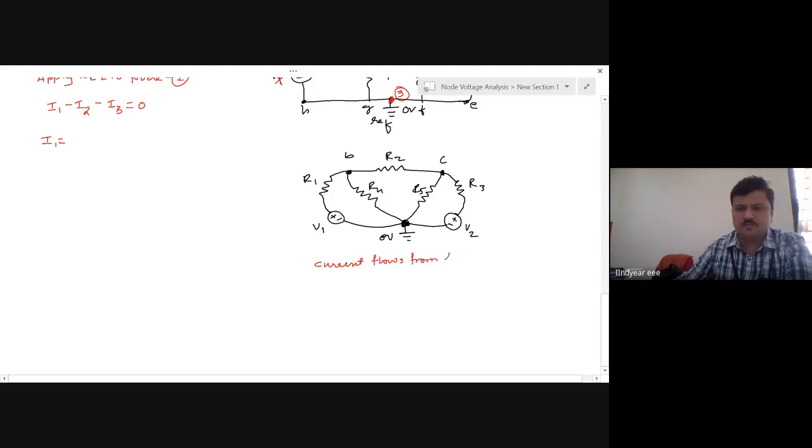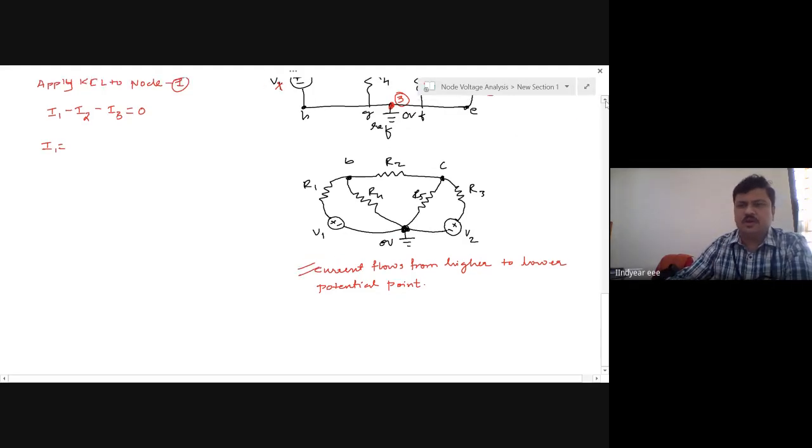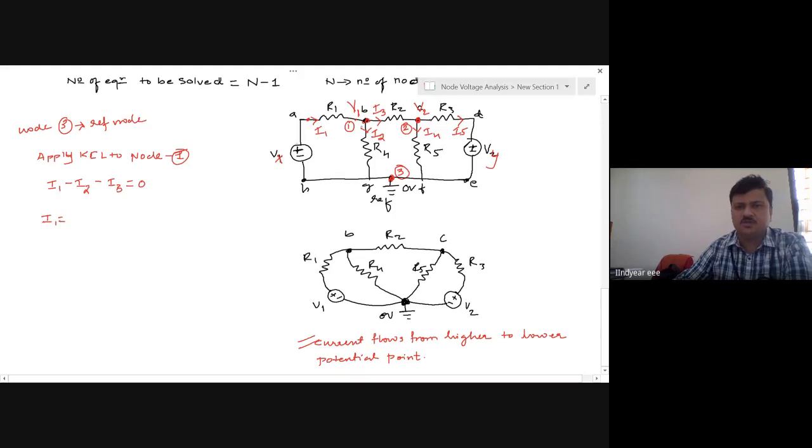Current flows from higher to lower potential point. Now with this convention, if the current is flowing from Vx to V1, which is at the higher potential point?